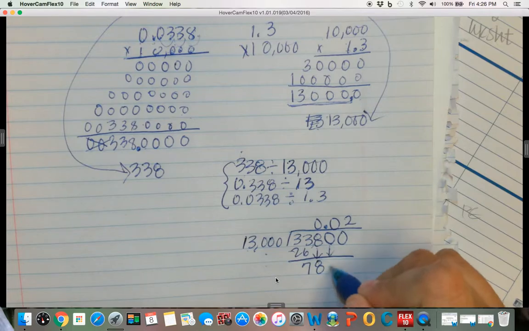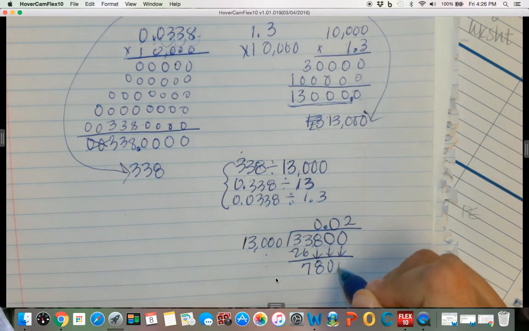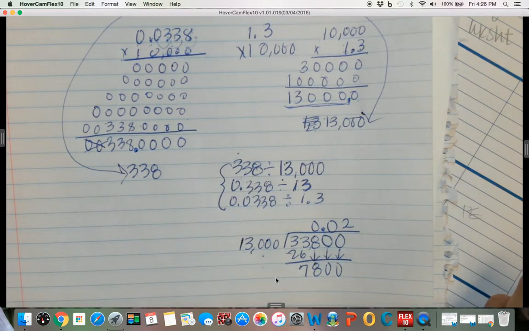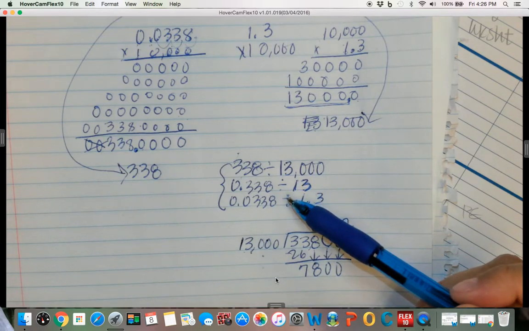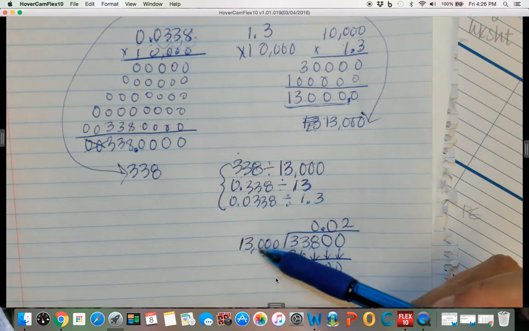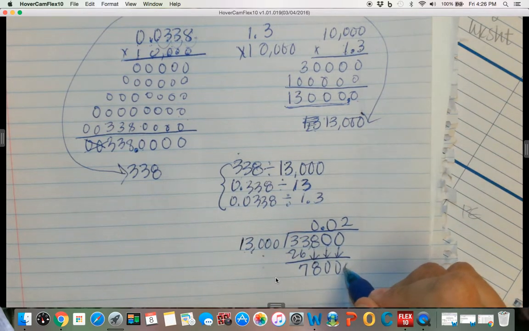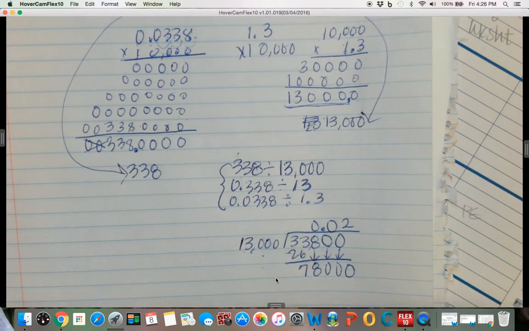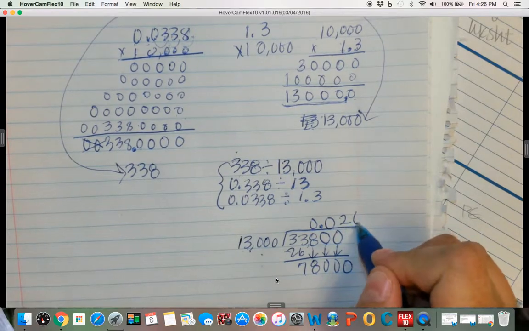13,000. Bring down my zeros. 13,000. Oh, I add a 0 here to the end because I keep just adding zeros until I can do it. 13,000 goes into 7,800 exactly 6 times.